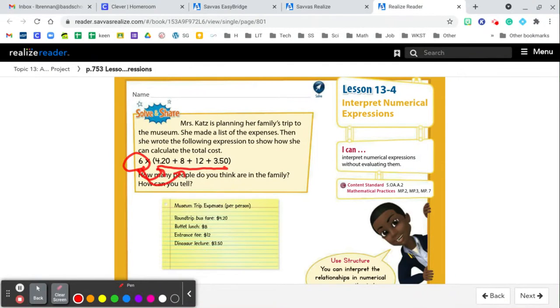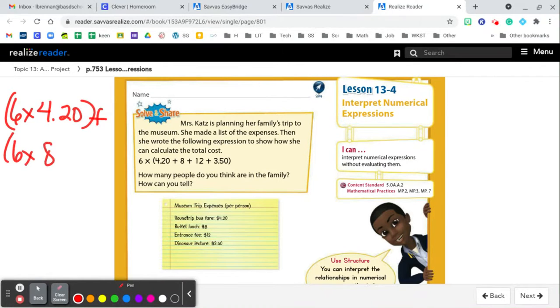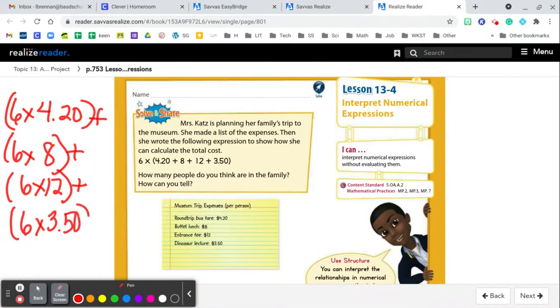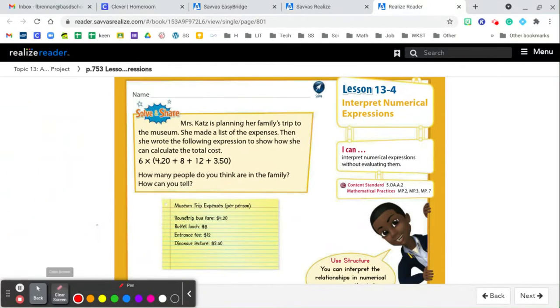I could rewrite this and say, her ticket price plus 6 times $8 for the IMAX movie, plus 6 times $12 for the interactive show, plus 6 times $3.50 for an Italian ice. So I'm distributing the 6 over 4 different values. So I figure out there's 6 people in her family.